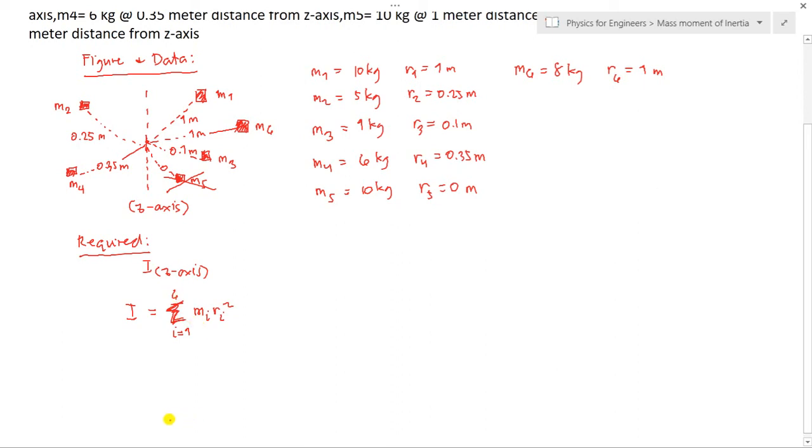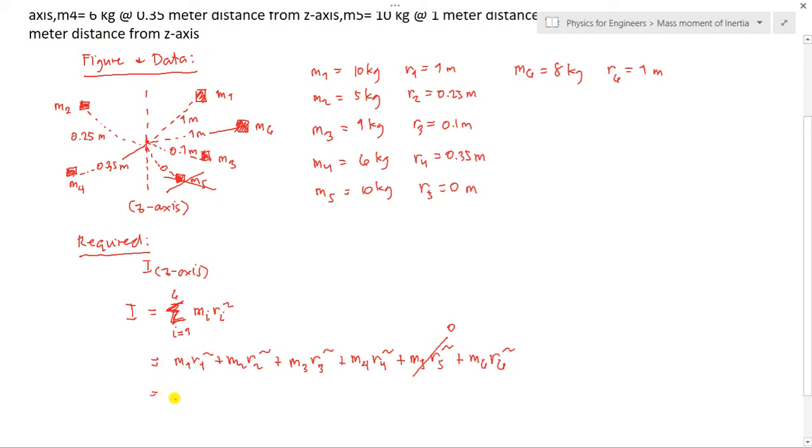So this is equal to m1 R1 squared plus m2 R2 squared plus m3 R3 squared plus m4 R4 squared plus m5 R5 squared plus m6 R6 squared. The m5 term cancels out because R5 equals 0. Then plug in the values.